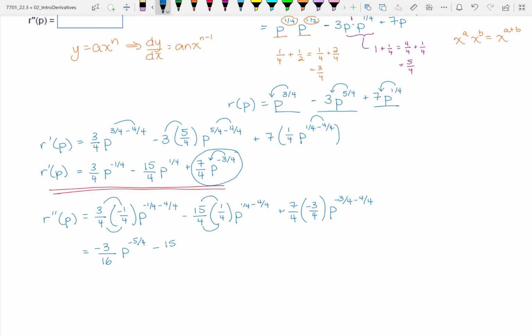I'm going to multiply my denominators, 16. P to the power of 1/4 minus 4/4 gives me negative 3/4. And then for our last term, multiplying my numerators, I get negative 21. Again, multiplying my denominators, I get 16. P to the power of negative 3/4 minus 4/4 gives me negative 7/4. And that is my second derivative.